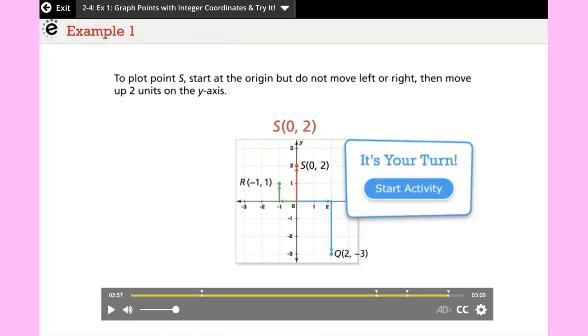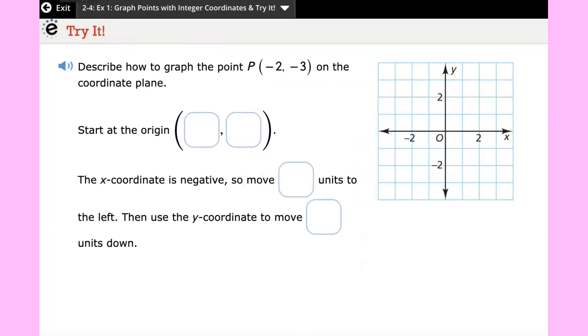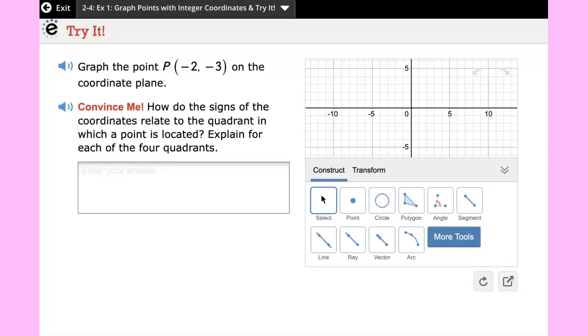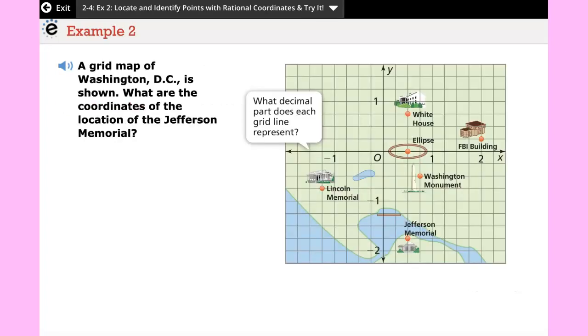Okay, so let's start our practice. In your book, I want you to work on this question and then we'll discuss it together, okay? And then let's try this one together. I will say, just do this in your book because we do have online access for it today. A grid map of Washington, D.C. is shown.